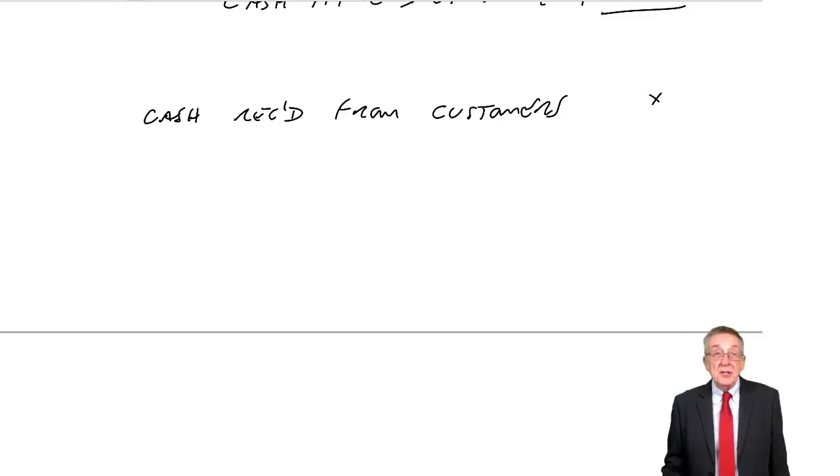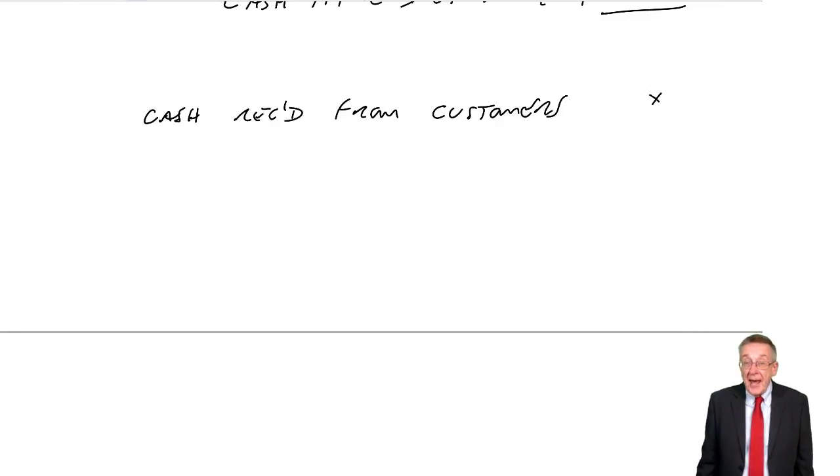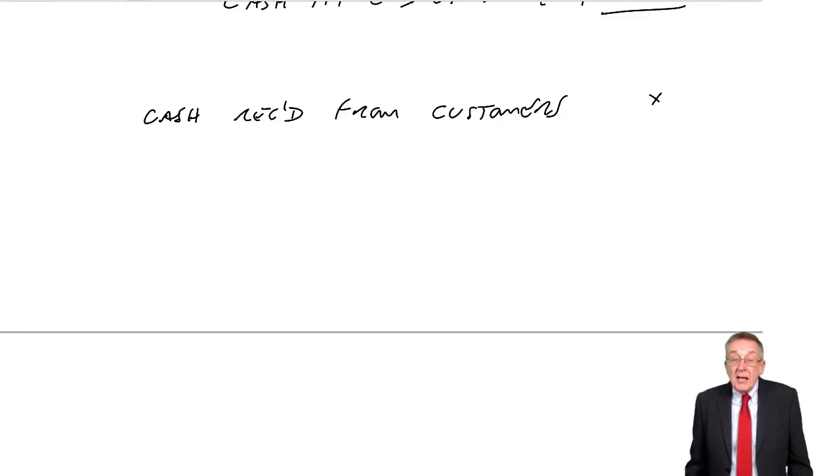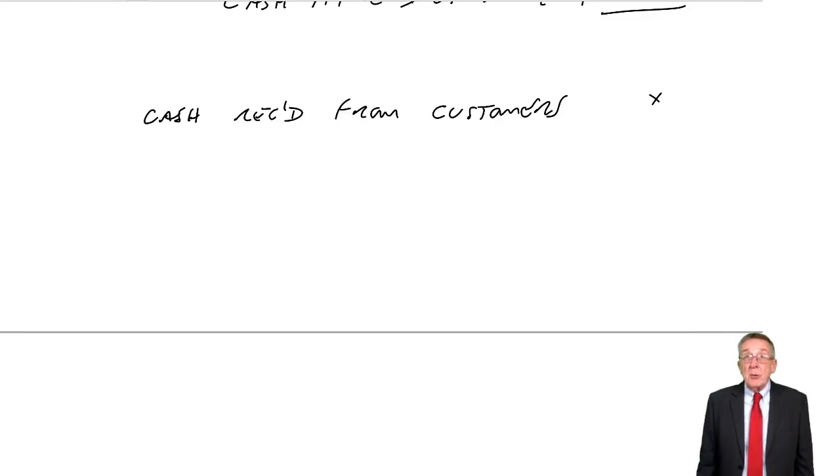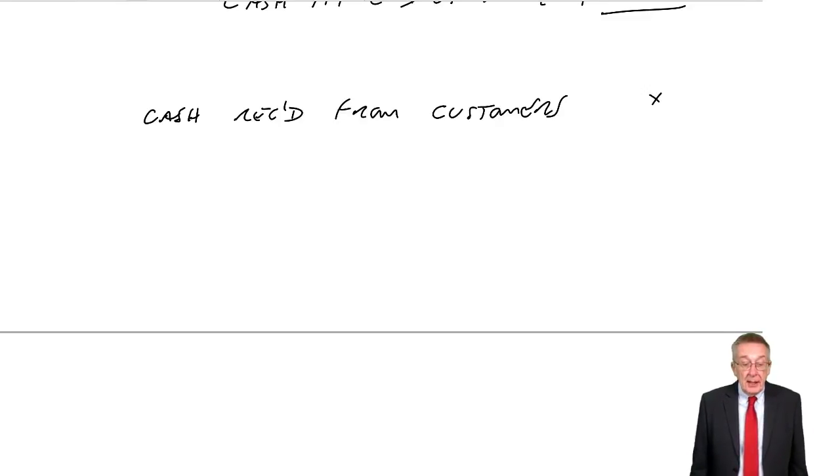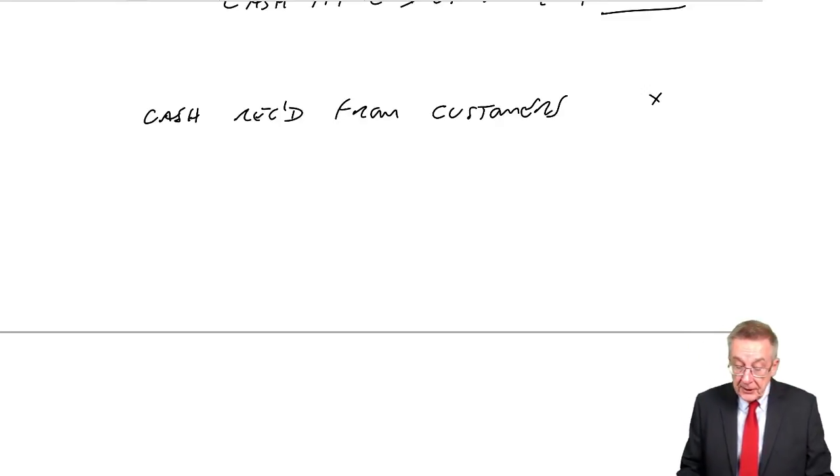we should be able to get that from the computer. How much cash did customers actually pay us? And subtract from it the cash we actually paid out. And you've got to do it under three headings, as you can see.